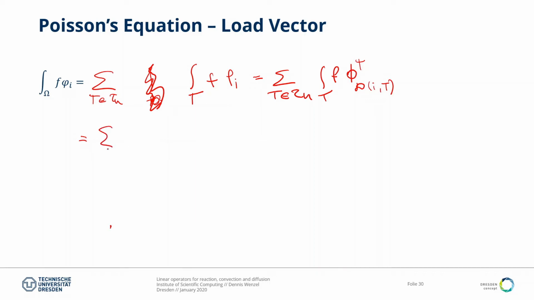So we say that this is again equal to sum over all cells in tau_h, integral over T, f times, and now this local basis function on cell T is defined as a transformation of phi hat with the same index, but here with the reference map F_T inverse of x. Okay, so now I'm including the arguments here, so this was the definition of phi_T.